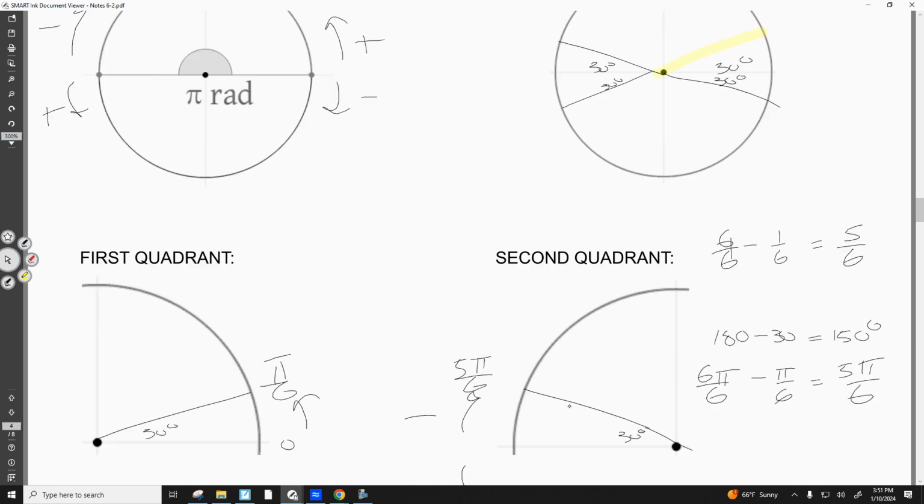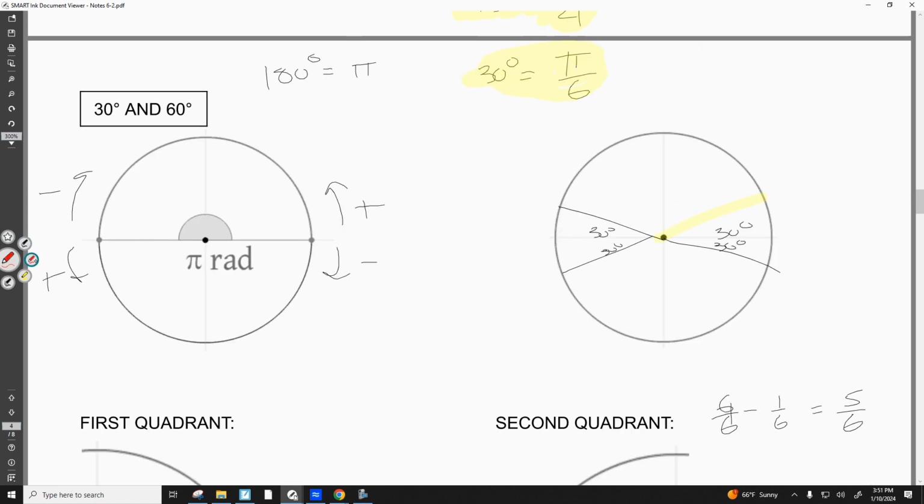Hold on. We're not done with this page yet. What's 60 degrees equivalent to? 180 divided by what is 60? Barry, what do we divide into 180 to get 60?